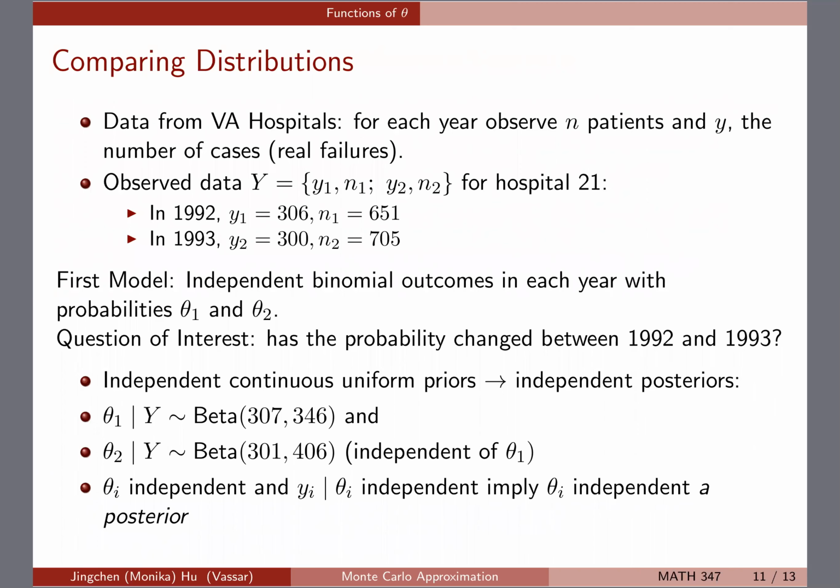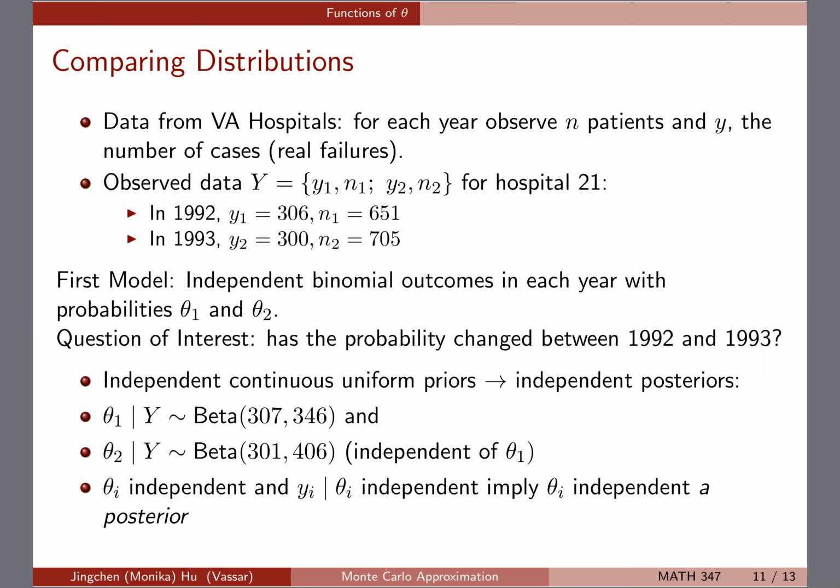This question can be rephrased as comparing theta 1 and theta 2 to see which one is larger, right? Ideally, we want to see theta 2 be smaller, right? That means you have some improvement in the treatment that you're doing from 1992 to 1993. Because theta 1 is the proportion of having real failures, and theta 2 is as well for 1993, so you want to see a drop.